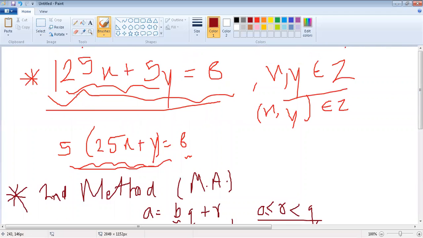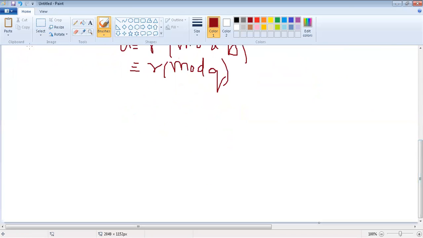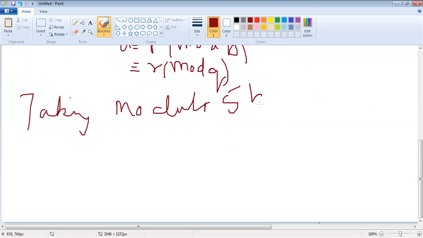How to prove that there are solutions to this equation, or prove there are no solutions to this equation. So we will just go about taking modulo 5 on both sides.